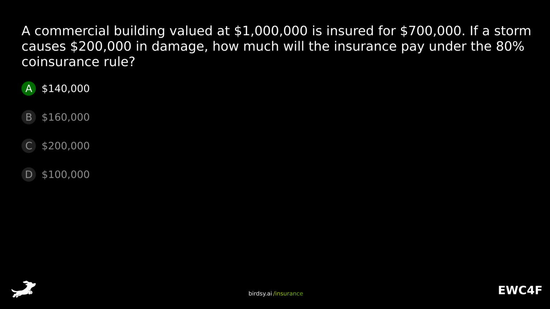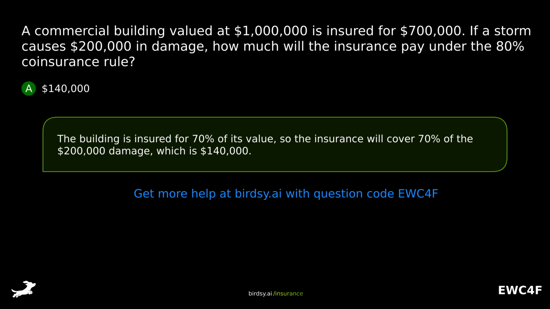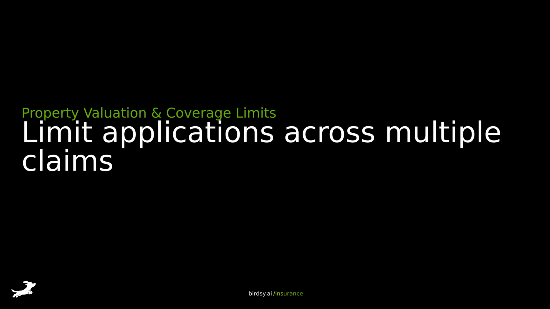The answer is A, $140,000. The building is insured for 70% of its value, so the insurance will cover 70% of the $200,000 damage, which is $140,000.